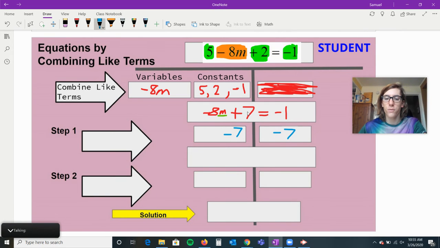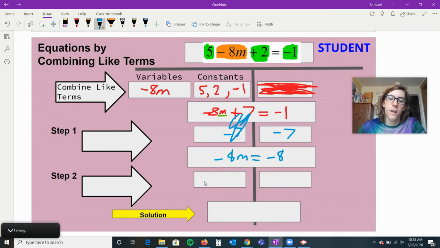Hopefully you did that. I'm going to move really quick because you're just checking your work here. These cancel out, right, to 0, so you should have -8m. Equal sign is still there, of course. And -1 minus 7 should be -8.